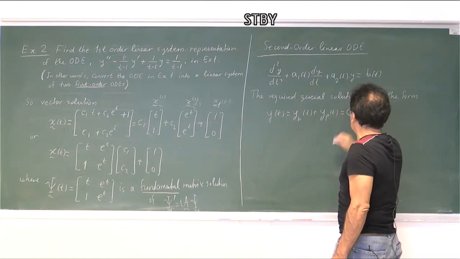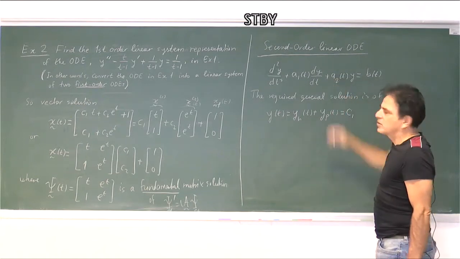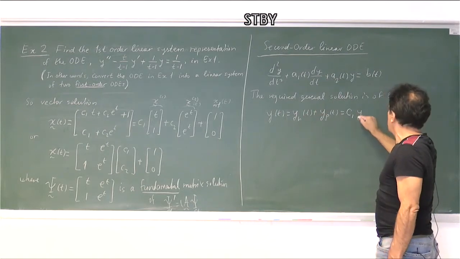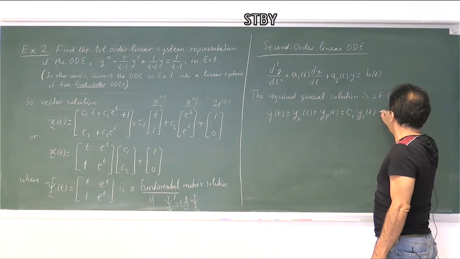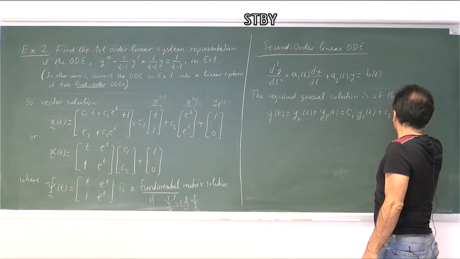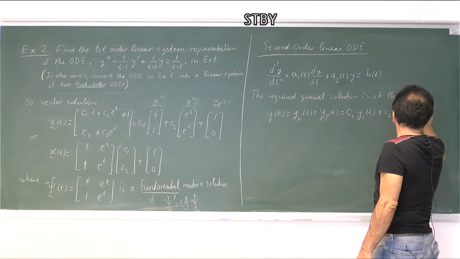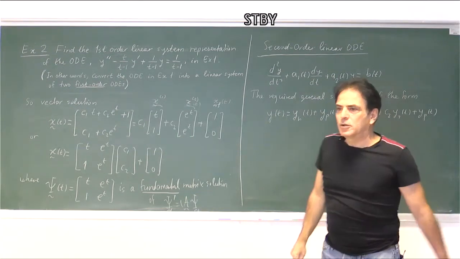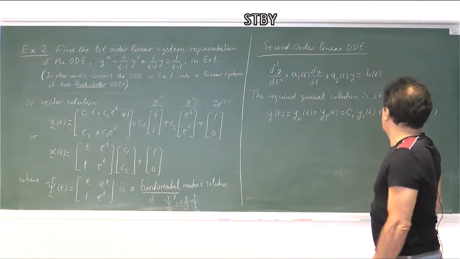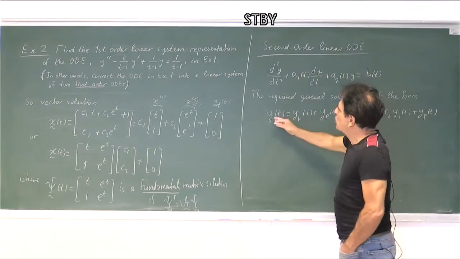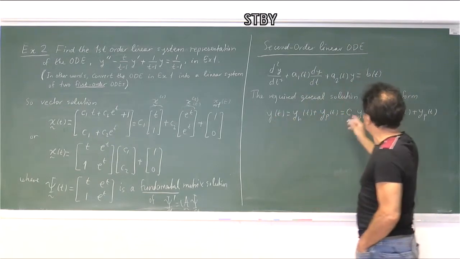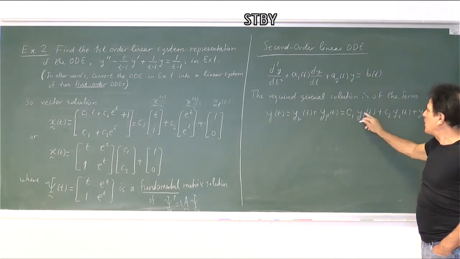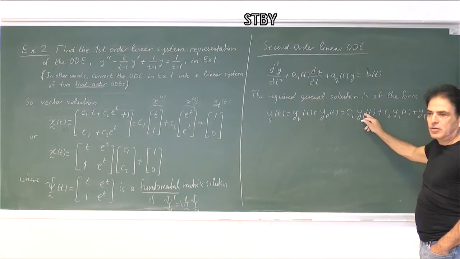More explicitly, because this is a second order ODE, the homogeneous solution is a linear combination of two linearly independent solutions. So it is a combination of y1 and y2.